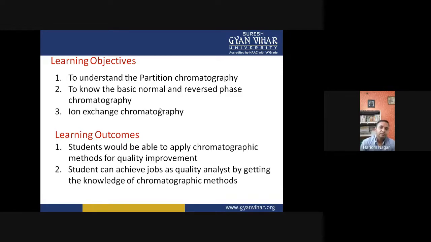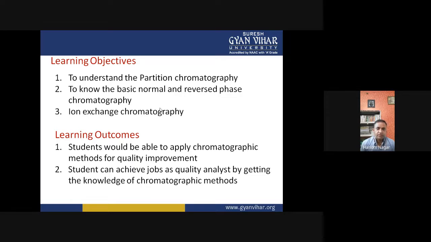Why? Because the stationary phase is not moving. So the compound which is interacting strongly with the stationary phase will stay with the stationary phase and will not move. If it will not move forward, then how will it elute from the column?